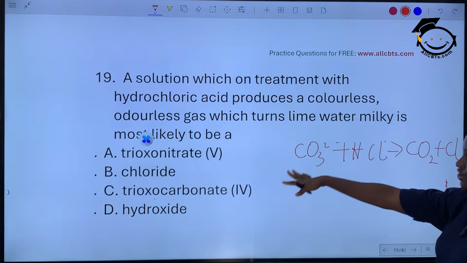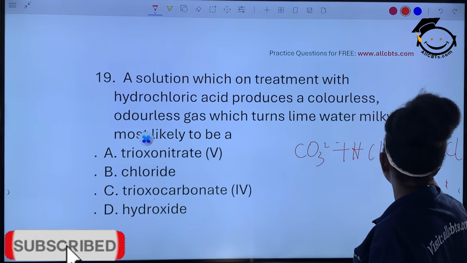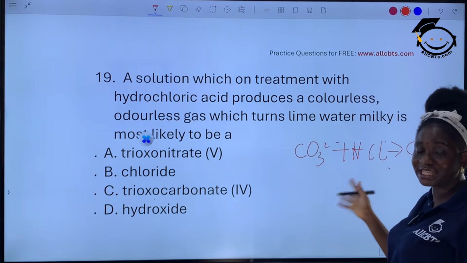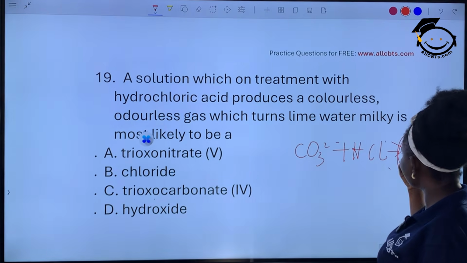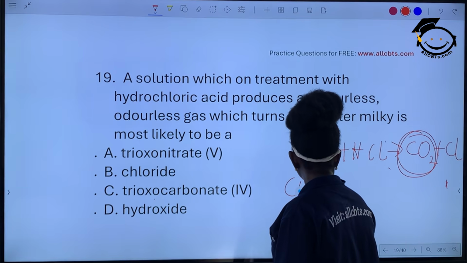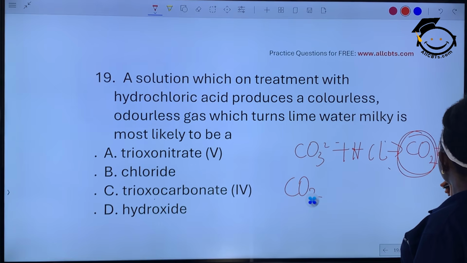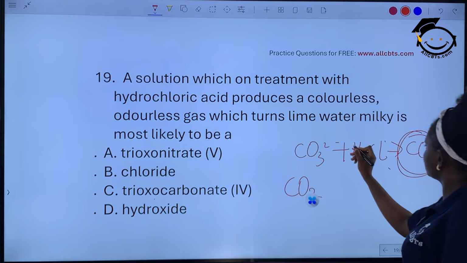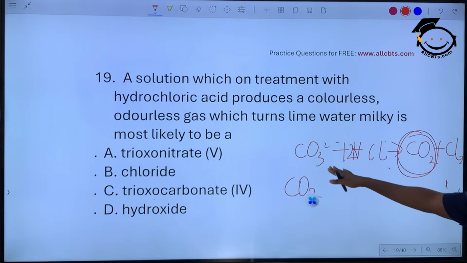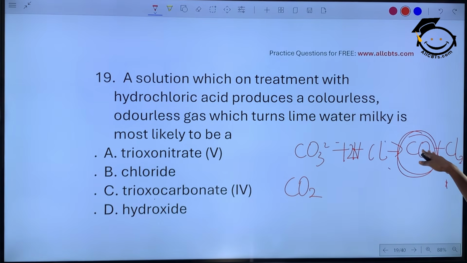When trioxocarbonate(IV) reacts with hydrochloric acid, it gives CO2. That's the odorless gas. Plus chlorine gas, sorry. So this is balanced. Trioxocarbonate(IV) plus HCl will give CO2 plus chlorine gas.